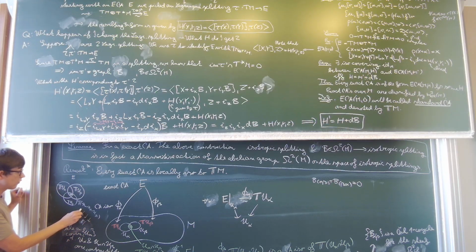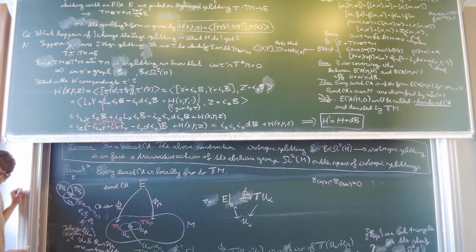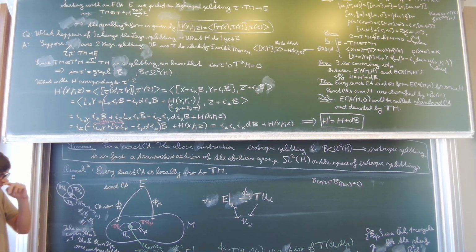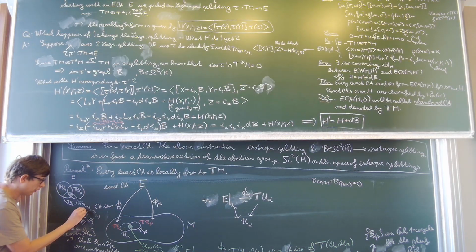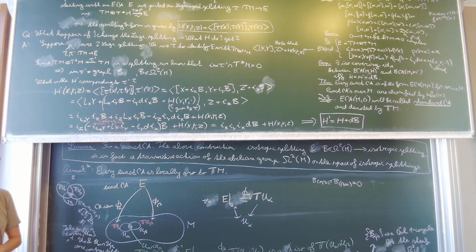One of them given by phi alpha, one by phi beta, and the other by phi gamma. And these B's are like the transition from one to the other. Intuitively it's clear.